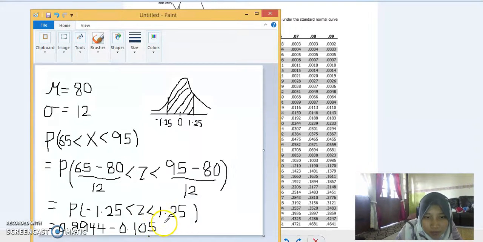Okay, so you just minus that from 0.8944, so you will be getting a value of 0.7888. Okay, so this is how you find the value that is in the middle.